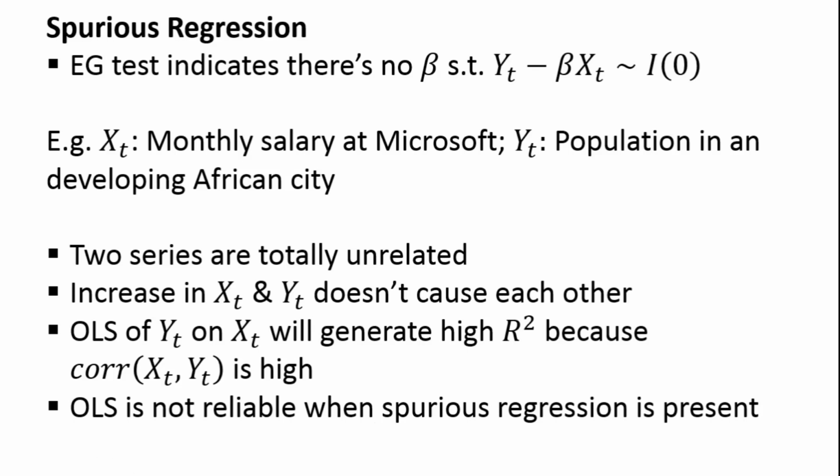So what is really spurious regression? What is the manifestation of spurious regression? The Engle and Granger test indicates there is no beta such that yt minus beta xt is stationary. We have an example: xt is the monthly salary at Microsoft and yt is the population in developing countries. The two series are totally uncorrelated.